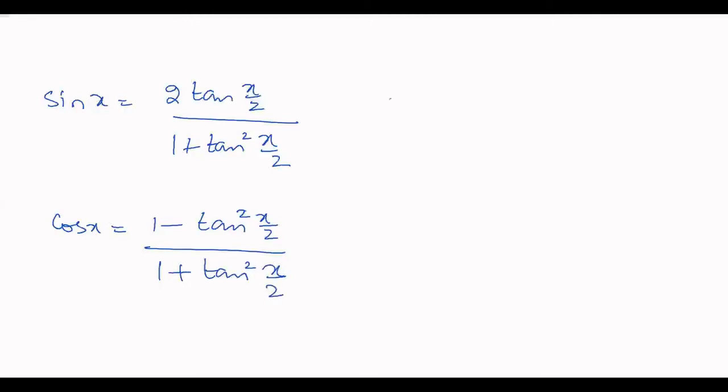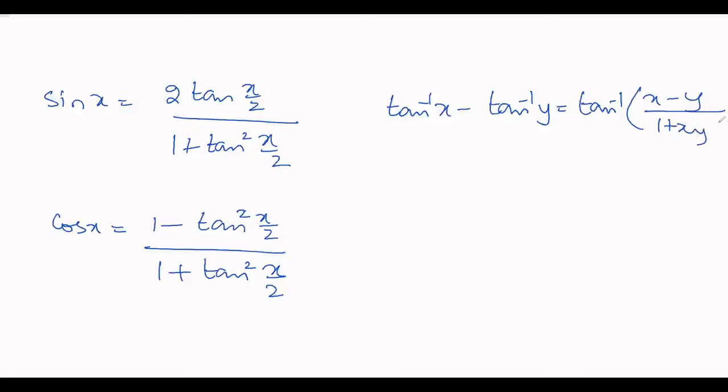And also we know from the identity tan inverse of x minus tan inverse of y is equal to tan inverse of x minus y by 1 plus xy. Also, tan inverse of x plus tan inverse of y we can write as tan inverse of x plus y by 1 minus xy.